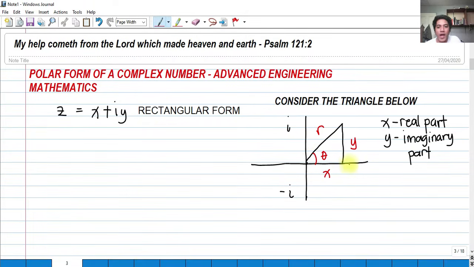We have positive real numbers here and negative here, positive i here and negative i here. Let's say we have a complex number in the form x plus iy. If we plot it in an Argand diagram, this complex number is represented by the coefficients x and y.